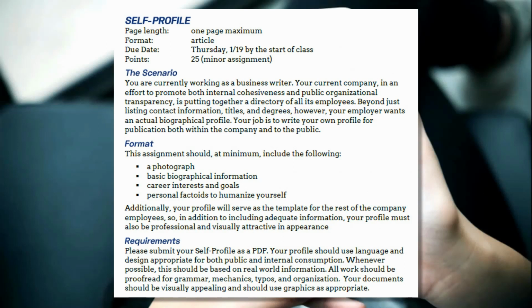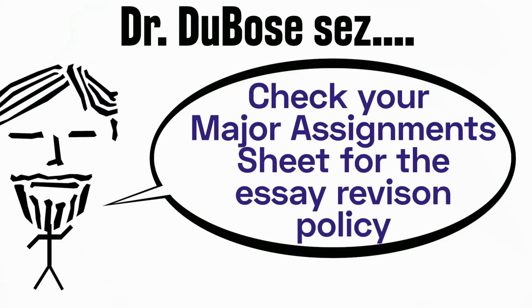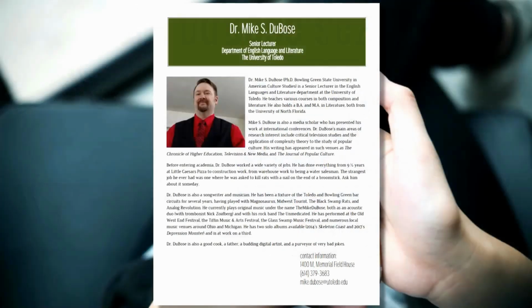And yes, I know we haven't talked about document design yet, but the videos are out there, and we do have a revision policy in this class, which is spelled out in the major assignment sheet. Also, I wanted to give you a sample, so I went ahead and did a profile as if I was doing the assignment, and this will be available on Blackboard.